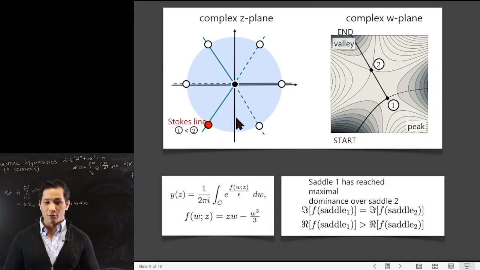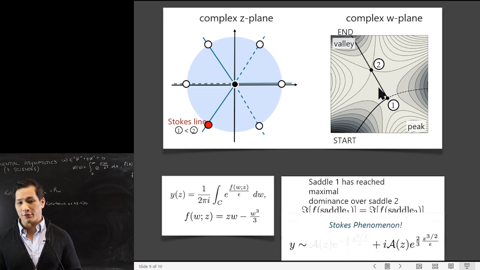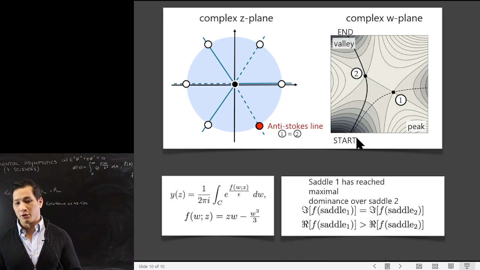So now you cross the Stokes line in the lower half plane, and you see that in order for me to go from the start point to the end point, I'm moving towards a situation where this first saddle point 1 has switched off the contribution from 2, or vice versa. And from thereafter, in order for you to go from the start point to the end point, you only need the secondary saddle. Okay?